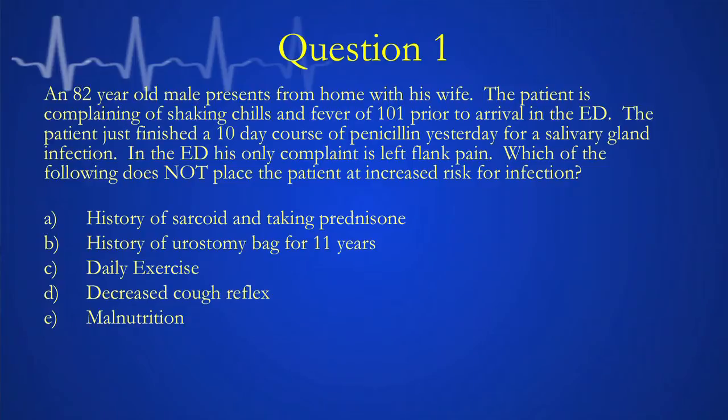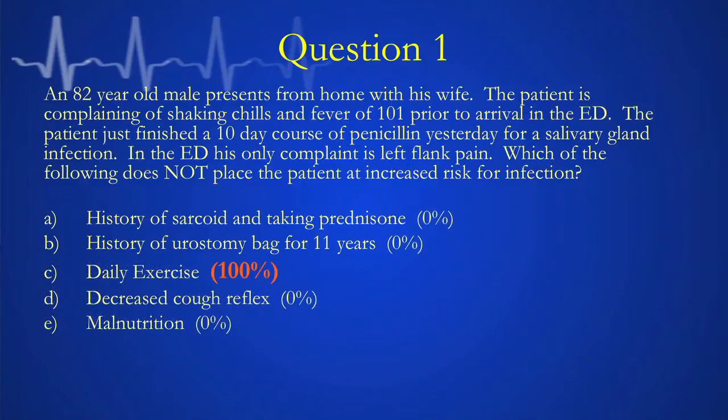I'll buzz you guys in here. History of sarcoid and taking prednisone, history of urostomy bag, daily exercise, decreased cough reflex, or malnutrition. Okay, so we're pretty much across the board there with C. Very good.